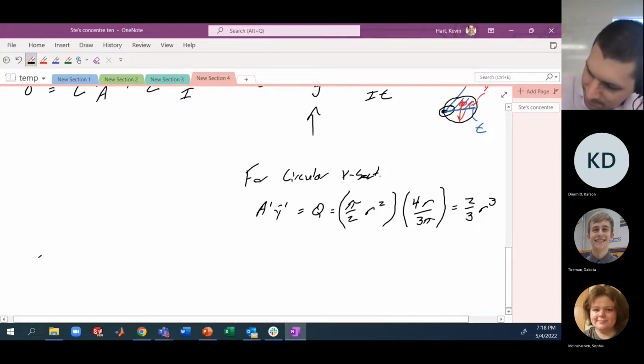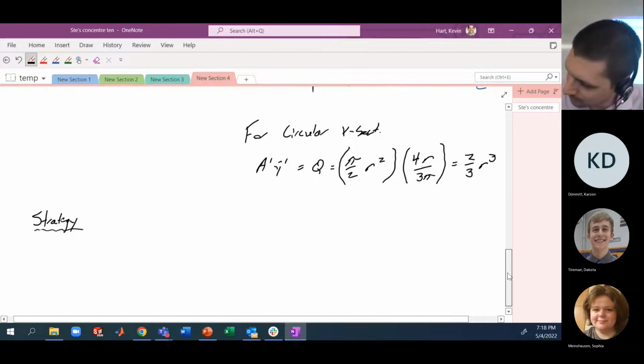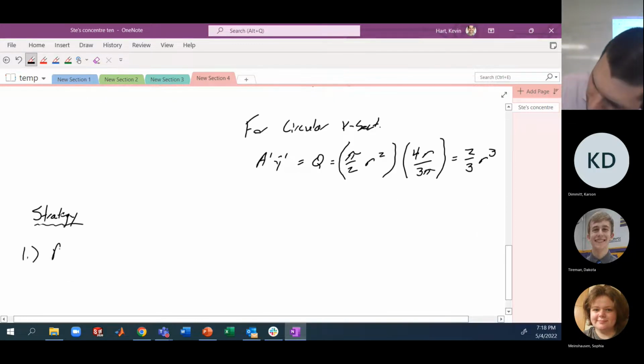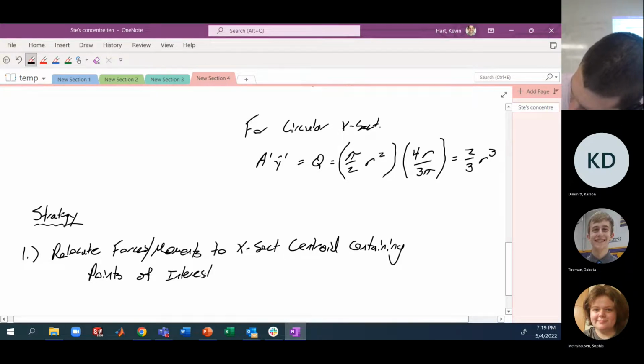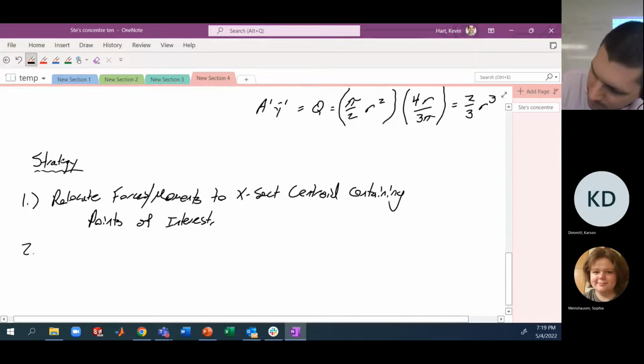And so the strategy for these: relocate forces and moments to the cross-section centroid containing points of interest. And then use these guys.